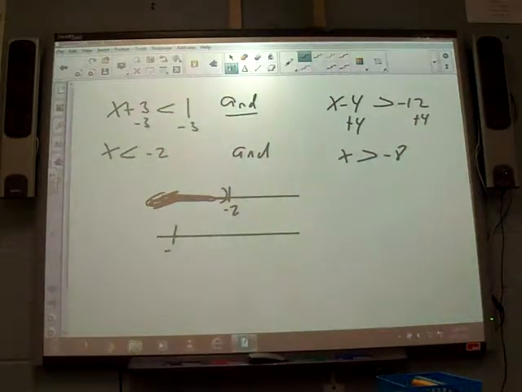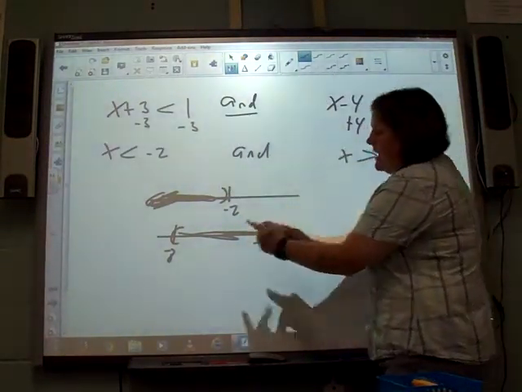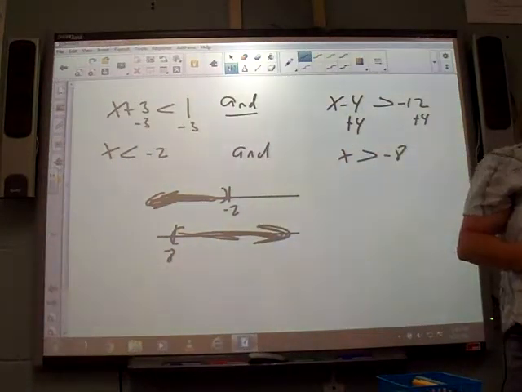Negative 8 is farther to the left, so it would look like that, right? So what we're supposed to graph is the intersection of those two sets. So I'm looking for what numbers would be shaded on both of those graphs. If I were to morph these down together, I'm looking for that section where they're both shaded. Does that make sense?